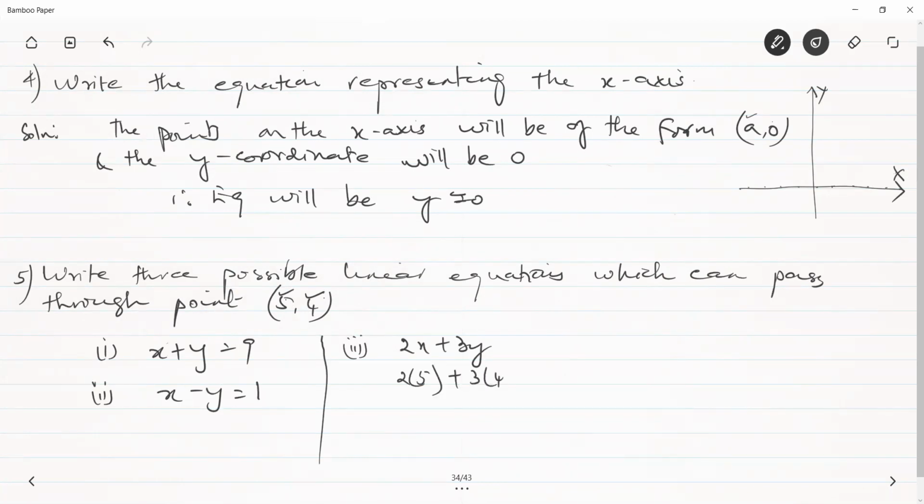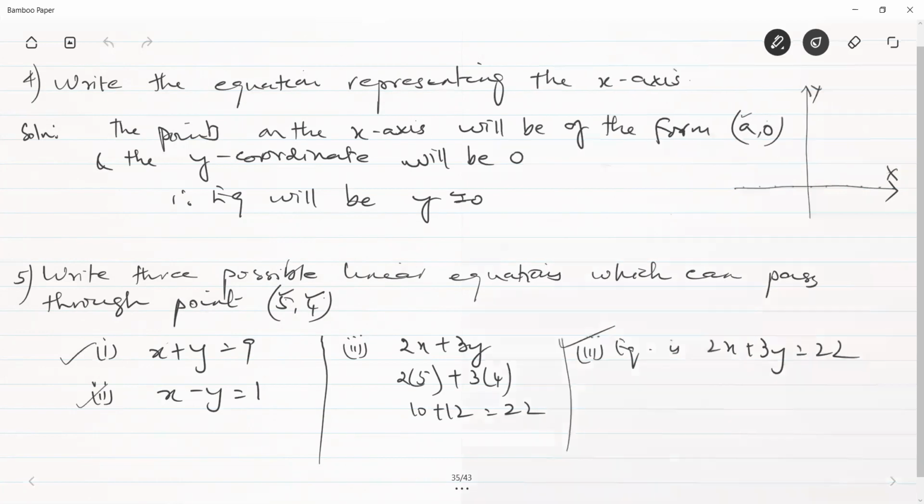So what will this be? 10 plus 12, which will give you 22. So the equation is 2x plus 3y is equal to 22. Okay, so this is the first equation, this is the second equation, and this is the third equation.